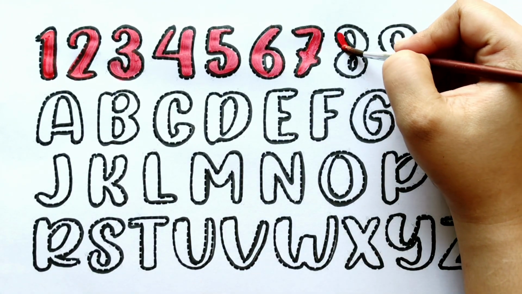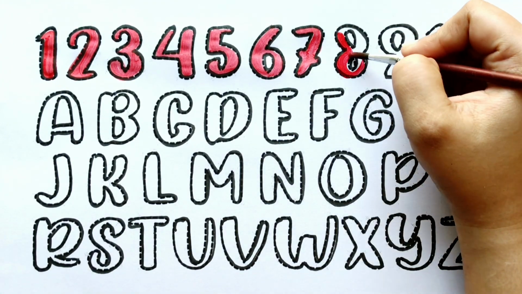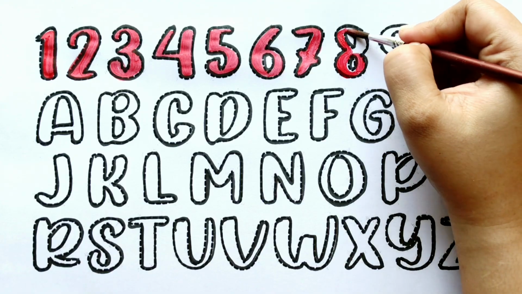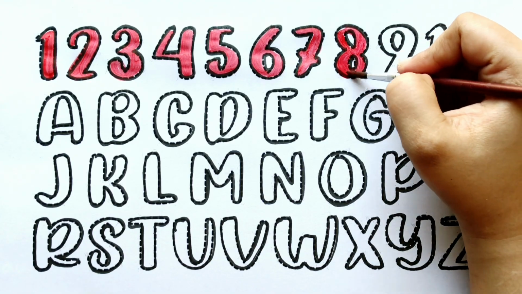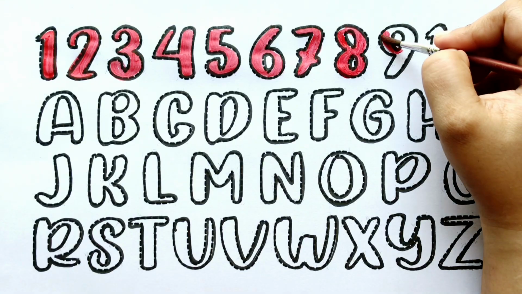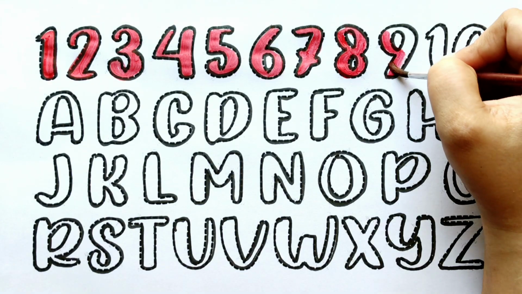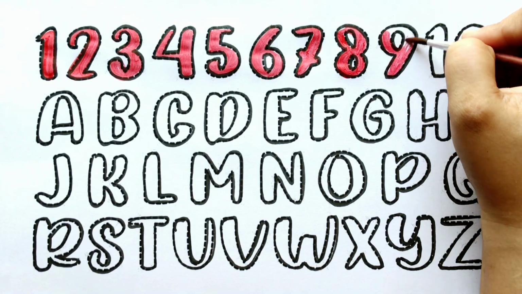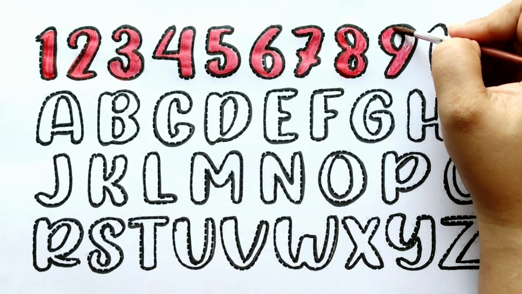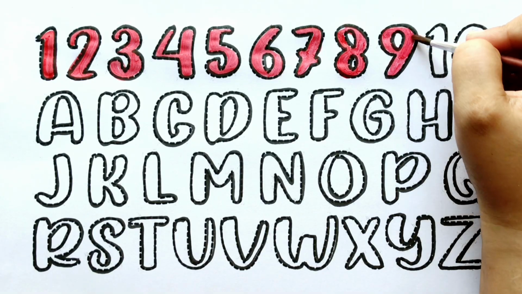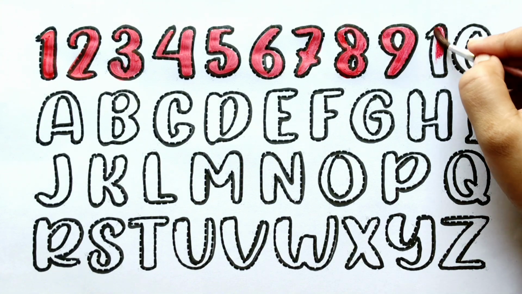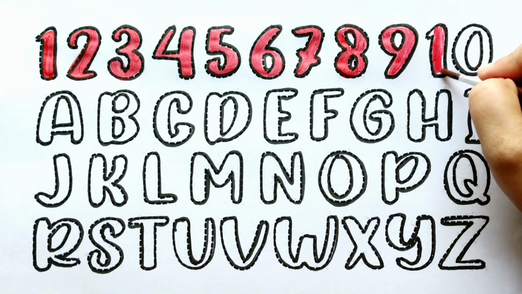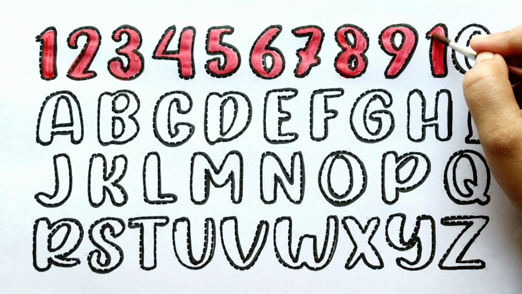A B C 8. D E F G H I J K L M N O P Q R S 9. T U V W X Y and Z. Now I know my ABCs. And 10. Next time, won't you sing with me?